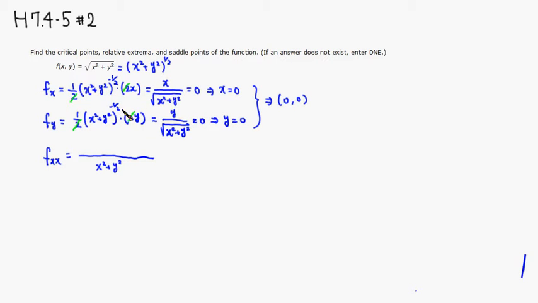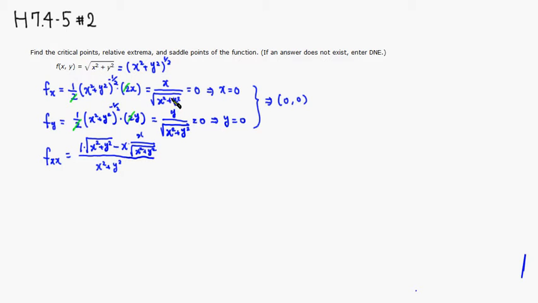The partial of x would be 1 times the bottom, so it's the square root of x squared plus y squared, minus x times the partial of the denominator, which we've done before, you're going to get x over the square root of x squared plus y squared.